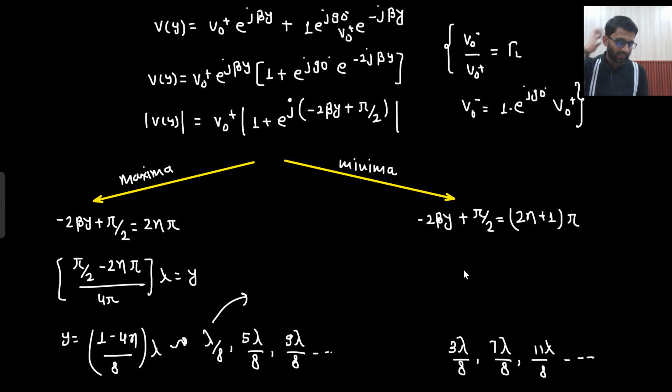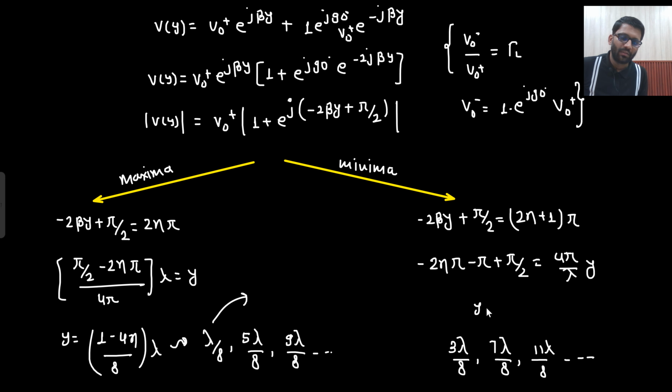Okay. And I can solve from here as well. If I solve from here, then what will happen? This is 2n pi. So minus 2n pi minus pi plus pi by 2 is equal to 4 pi by lambda y. So from here what I am getting, this is your minus pi by 2 only. Minus sign I can take outward.